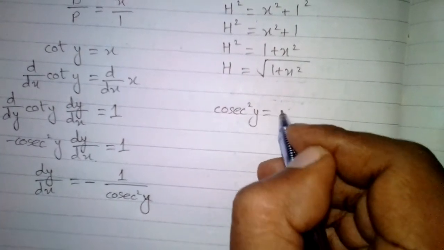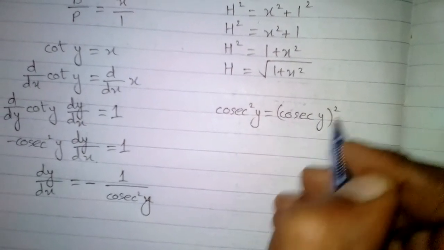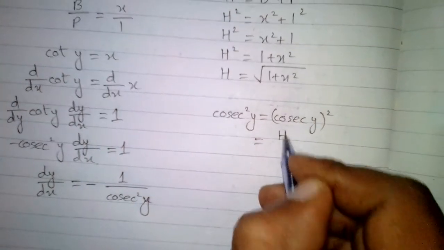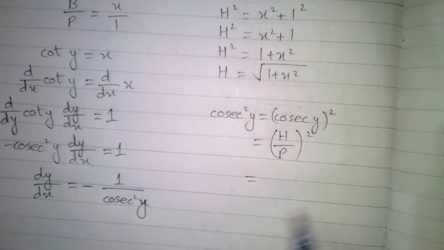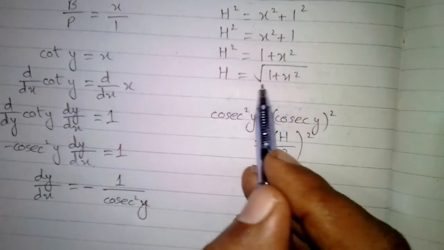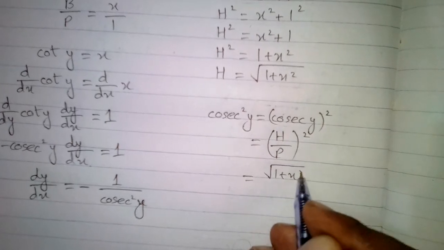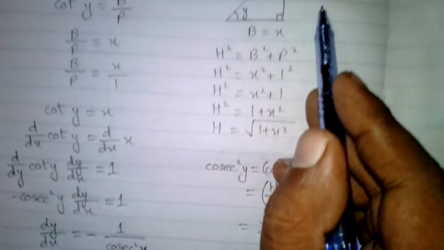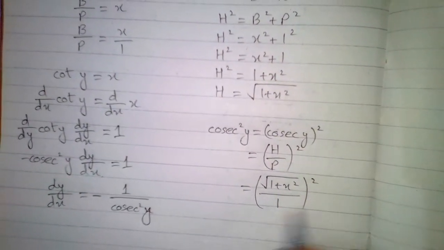So cosec square y is equal to cosec y whole square, and cosec y is hypotenuse upon perpendicular, squared. So we know that the value of hypotenuse is square root of 1 plus x square, and the value of perpendicular is 1. So we will put 1 in place of perpendicular.